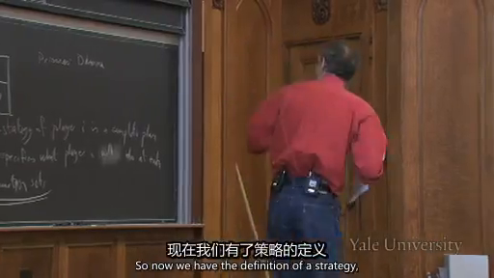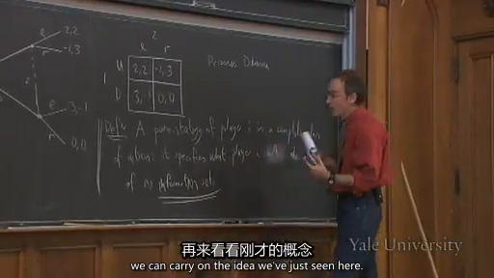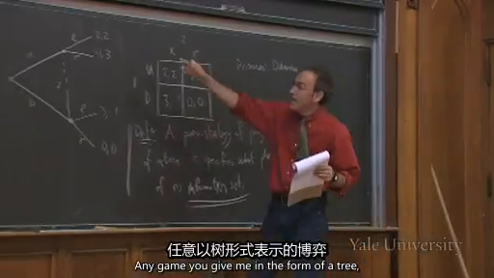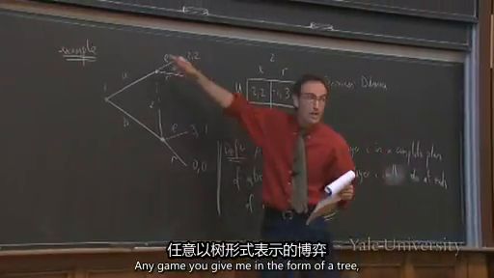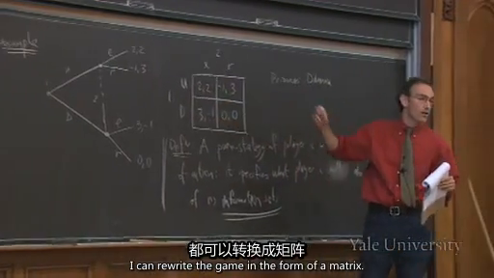All right. So now we have the definition of a strategy. We can carry on the idea we've just seen here. So what's the idea here? Any game you give me in the form of a tree, I can rewrite in the form of a matrix.